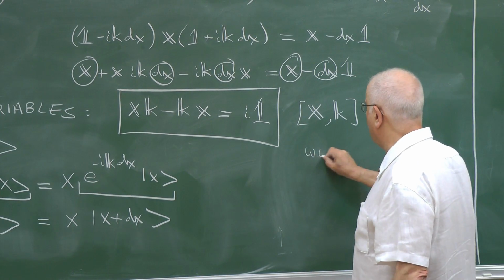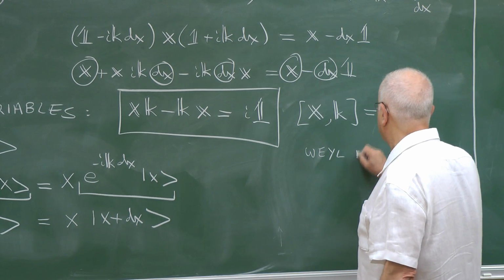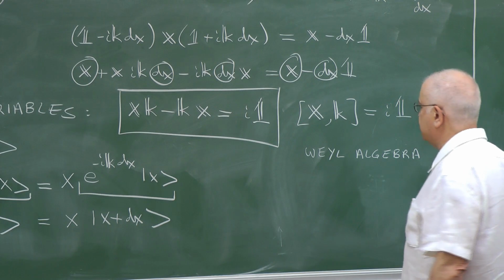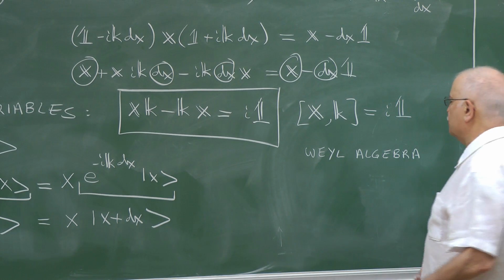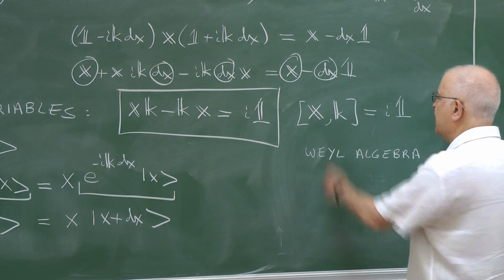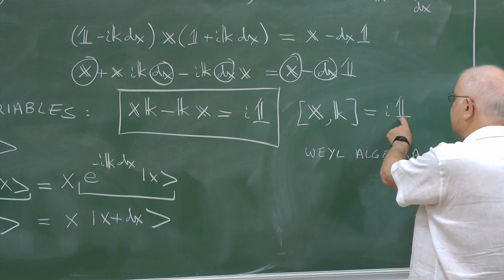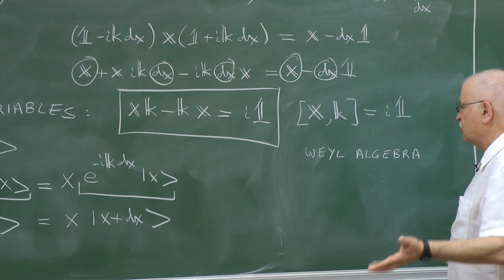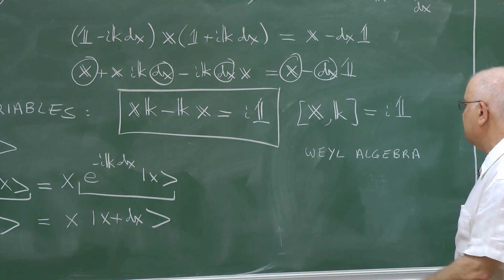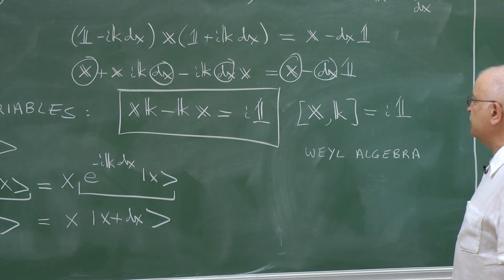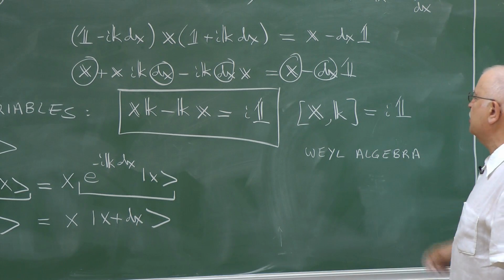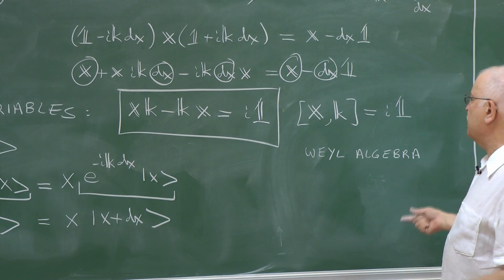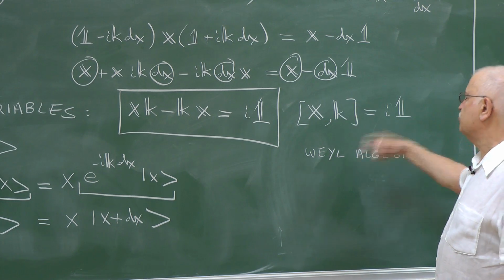This is so-called Lie algebra. Actually, Lie algebra is 2 more redundant things. X with k commutator gives you I times identity. X with identity gives you 0. K with identity gives you 0. But this is Lie algebra. And this is the basis of quantum mechanics, the uncertainty principle, so on and so forth. The only thing you need is the Planck's constant to multiply k to make the generator of translations momentum.